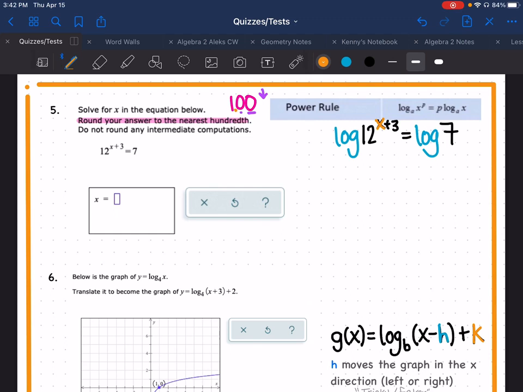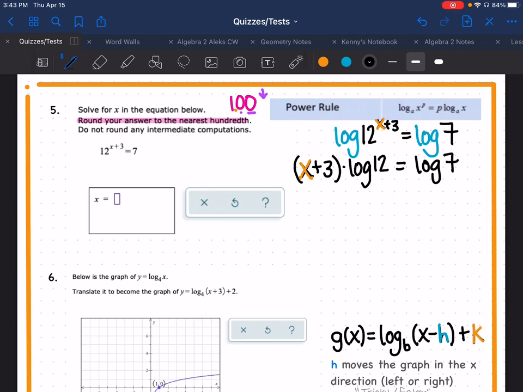So I can take the power rule and I can bring that x plus 3 in front of my log of 12. Okay, and there is multiplication in there, of course.